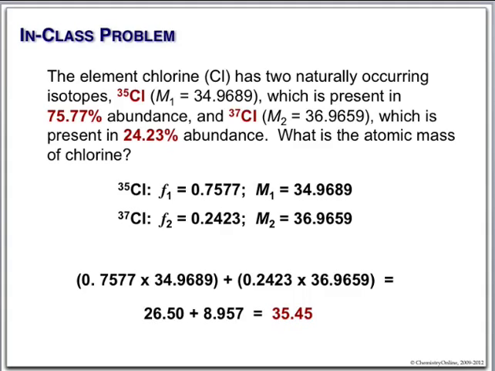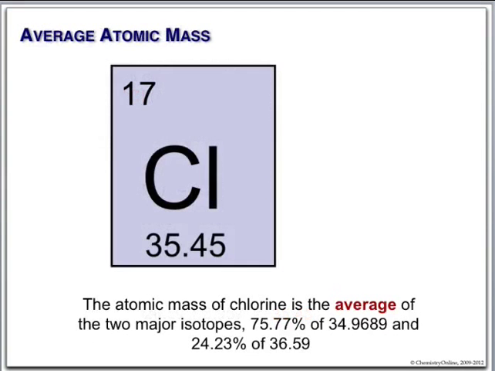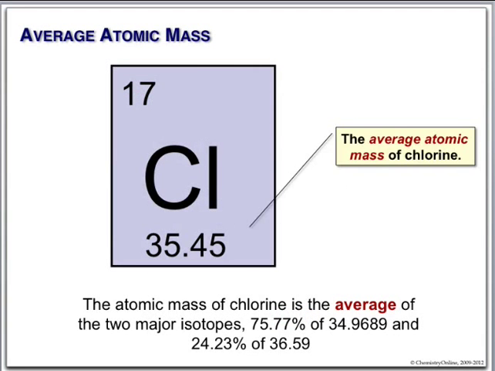Again, this is the average atomic mass of chlorine. Whenever we do calculations involving weighing chemicals, you have to use the average atomic mass because that's always this mixture of these different isotopes. Any questions?